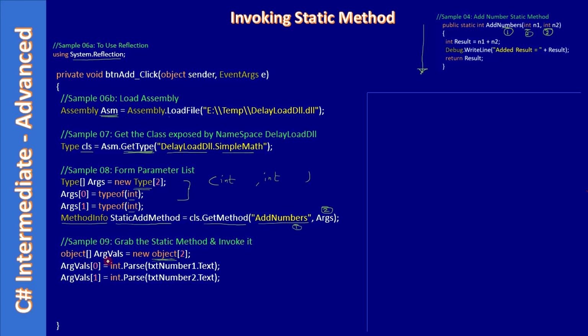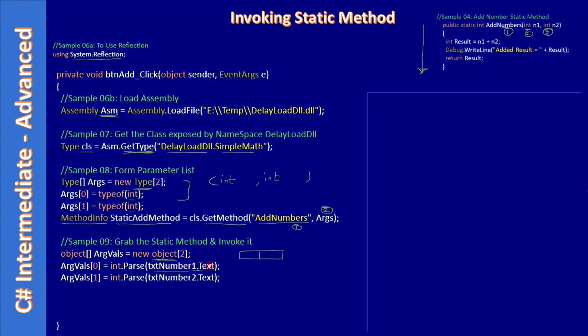So you can use an object array. Here, the array name is arg value. So arg value of 0: int.parse, we are taking the input from our form, txt number1.text, and parsing it as an integer, and placing that in the slot we already created.